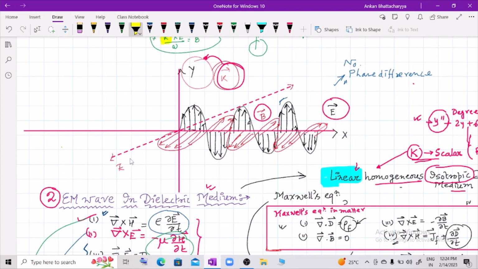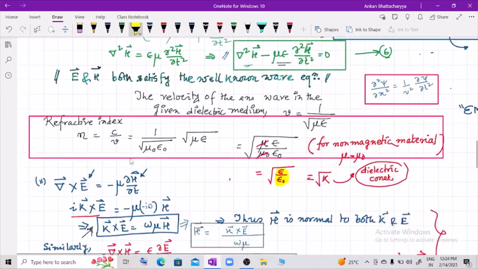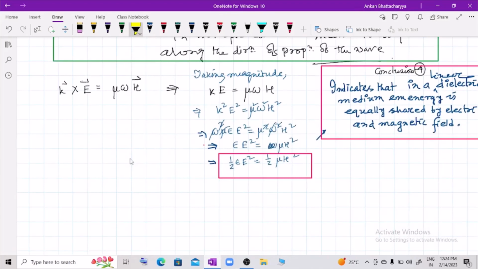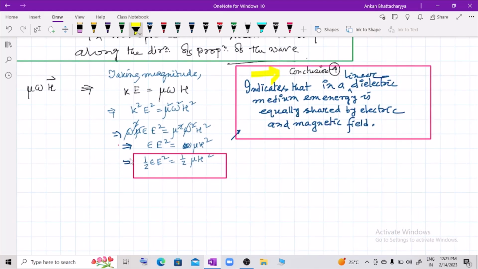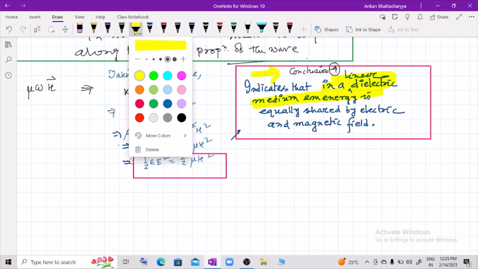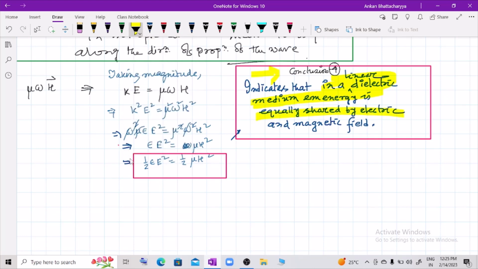This is shown by the beautiful graph. Now we are interested to discuss the electromagnetic wave propagation through conducting medium. Also, an interesting point to see in the linear isotropic dielectric medium is that the electromagnetic energy is equally shared between the electric and magnetic field.